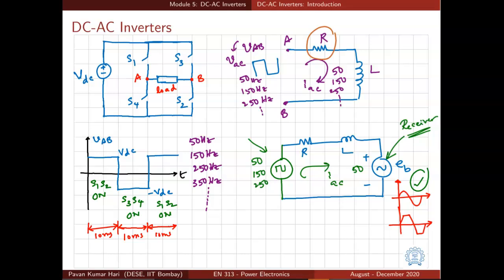And in motors, the average power received by this source, the AC source EB, is actually equal to the mechanical work done, which is force times velocity in linear motion, and torque times angular velocity in rotary motion.